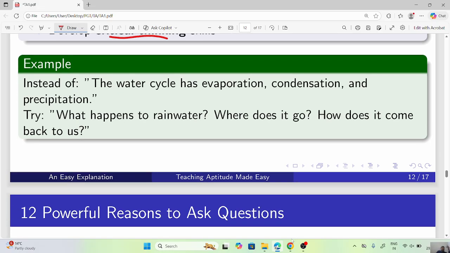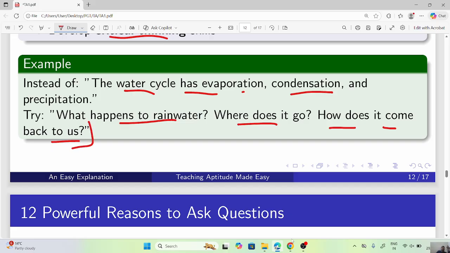Like, instead of saying the water cycle has evaporation, condensation, and precipitation, you should try to ask a question like: what happened to rainwater, where does it go, and how does it come back to us?